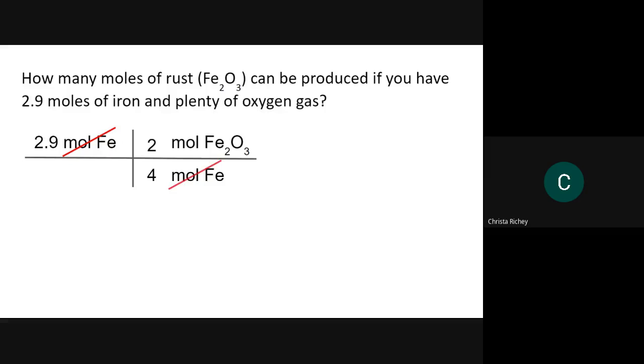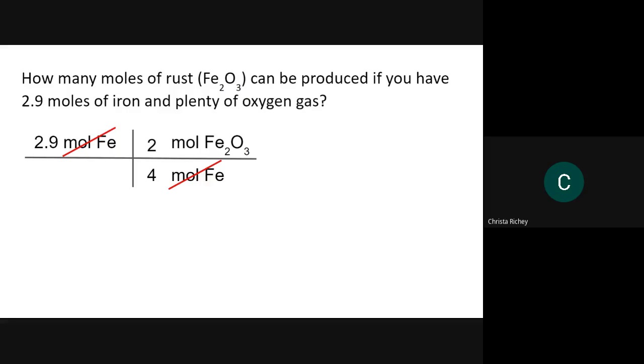Moles of iron cancel out. Now, I was always personally taught to reduce. Really, it should be 1/2 instead of 2/4. If you want to simplify or reduce, you're more than welcome to.